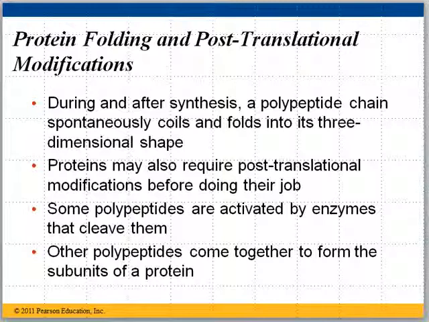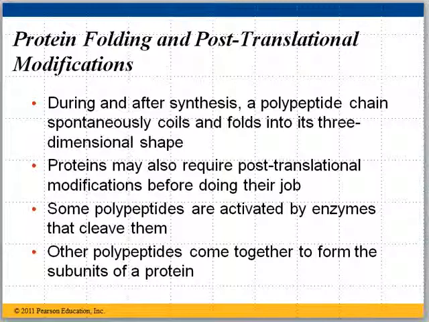And then some of these proteins need to be modified or activated by enzymes. There are various enzymes that will cut portions of the protein off or fold it and change its shape quite a bit. And then we know that some proteins are made up of multiple polypeptides, so there may have to be 2 or 3 chains that come together to form the functional protein that the cell needs.